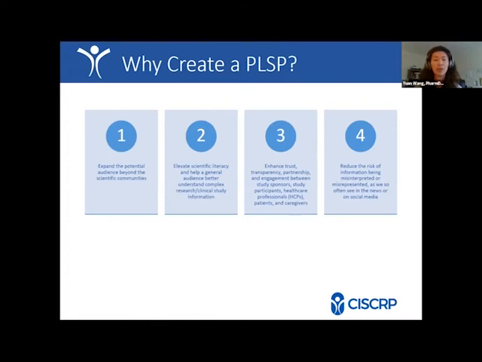So the experience that we had really speaks to what everyone else on the panel had talked about. So I'd just like to echo the importance and the unmet need that this publication of plain language summaries could offer.